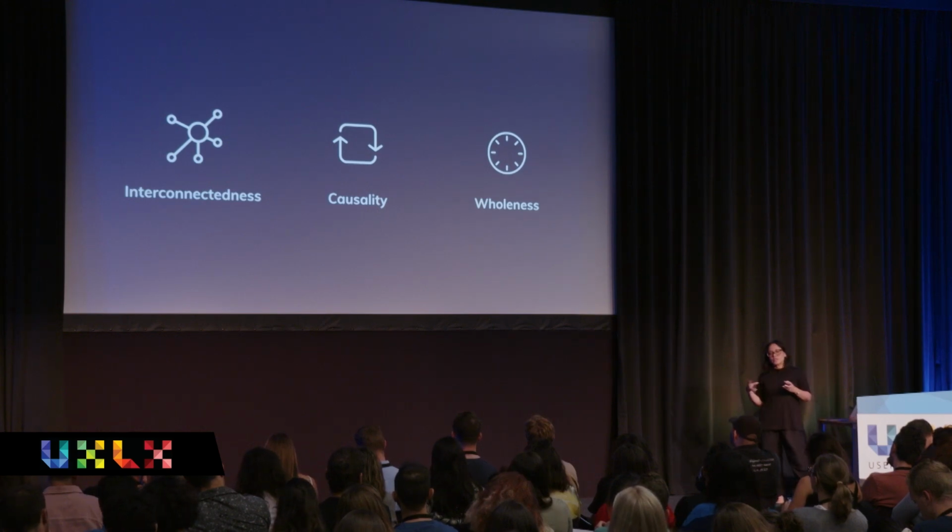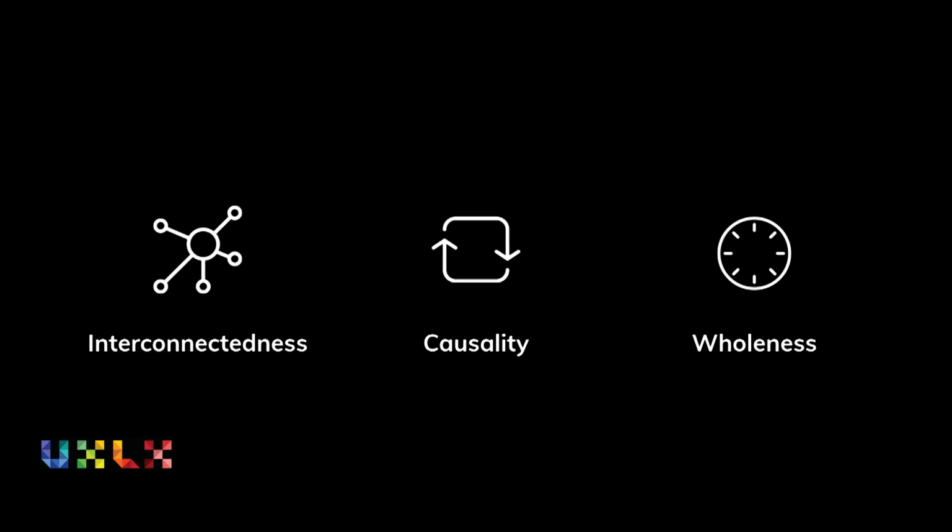A way to think about systems in the context of your work is in the form of three concepts that apply to it. First, there's interconnectedness: how are things connected to each other in ways beyond whatever your primary purview is? Then there's causality. Not just what happens when somebody is using the thing you're designing, but what happens next, and then what happens next, and how it radiates out, connecting the first two concepts.